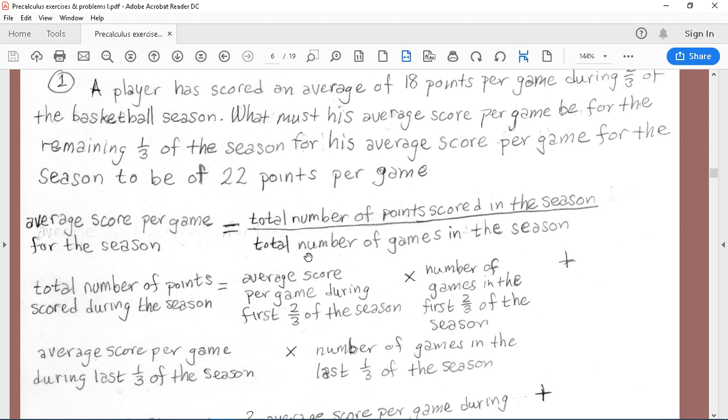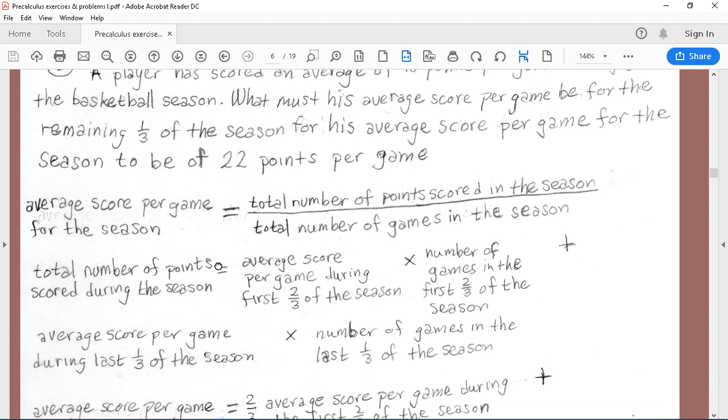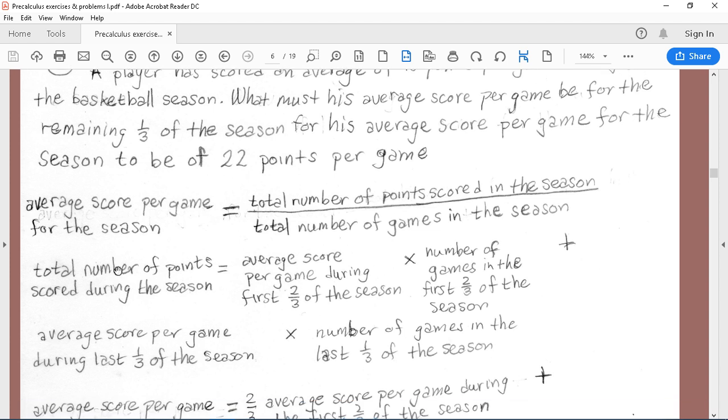So the player has played all the games in the season. So the total number of points scored during the season is equal to the average score per game during the first 2/3 of the season times the number of games in the first 2/3 of the season plus the average score per game during the last 1/3 of the season times the number of games in the last 1/3 of the season.